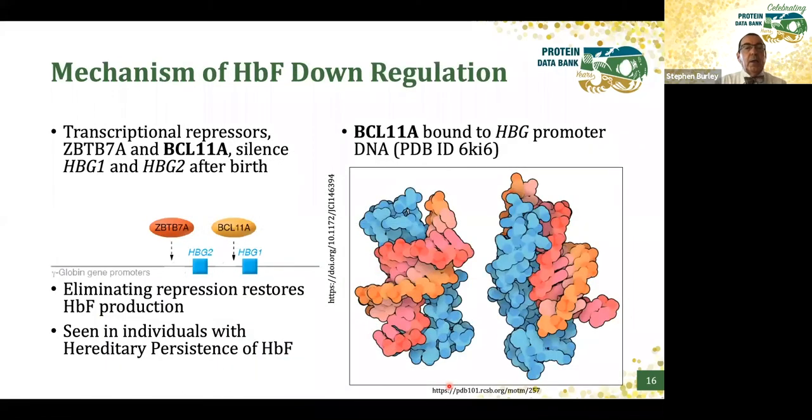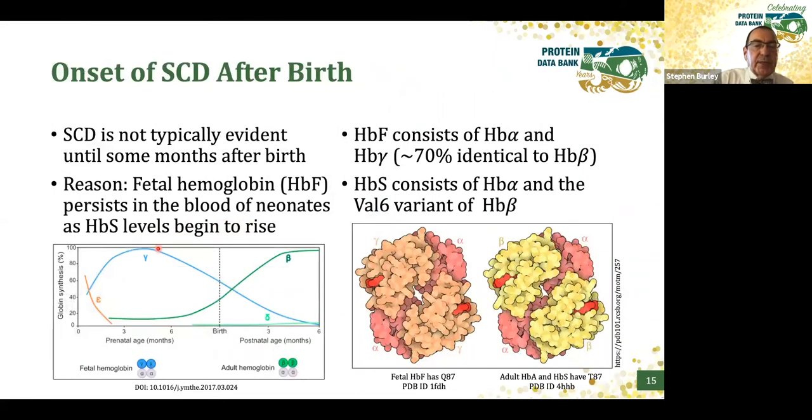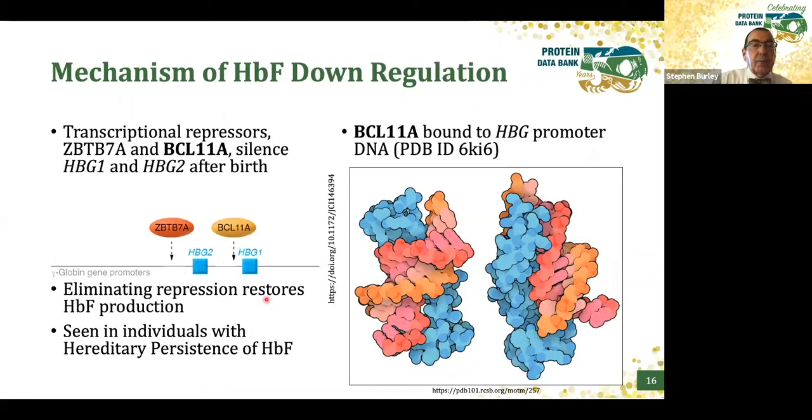So the question arises, of course, how is this steady decline of the gamma subunit, and the expression of the hemoglobin gamma chain versus the hemoglobin beta chain, regulated in the human body? After birth, the expression of two different proteins known as transcriptional repressors is turned on, and they bind to the promoters of both the hemoglobin gamma 2 gene and the hemoglobin gamma 1 gene.